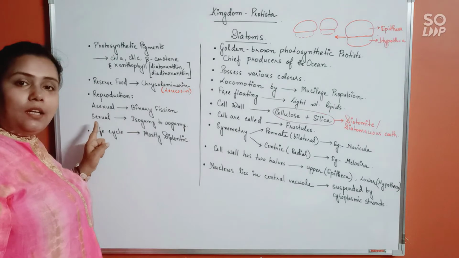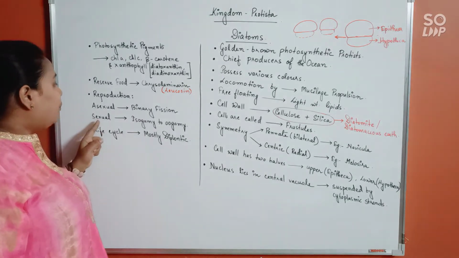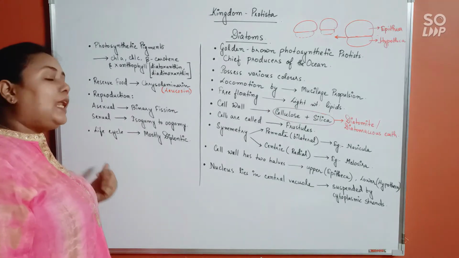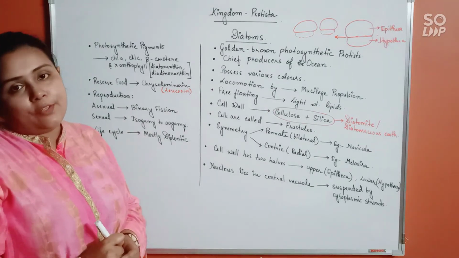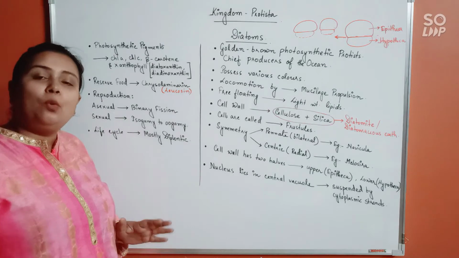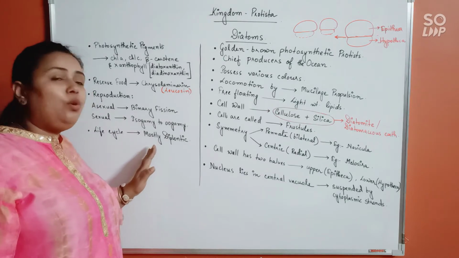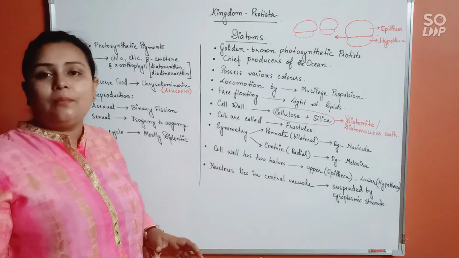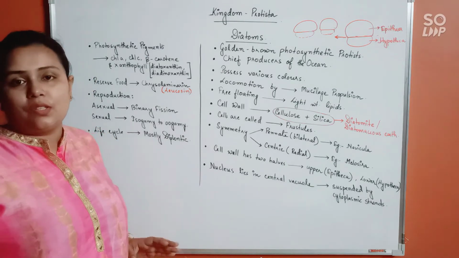Finally, the sexual reproduction, on the other hand, will occur by isogamy and oogamy. As for the life cycle pattern in diatoms, because diatoms are mostly diploid, they will show a diplontic life cycle. And as you already know, diplontic life cycle means they will show gametic meiosis.